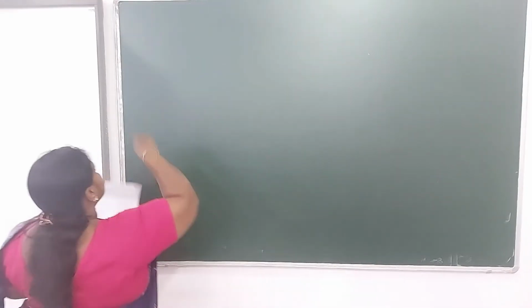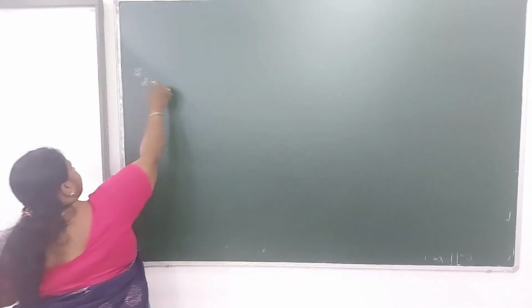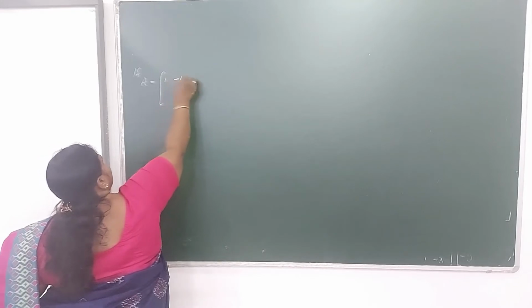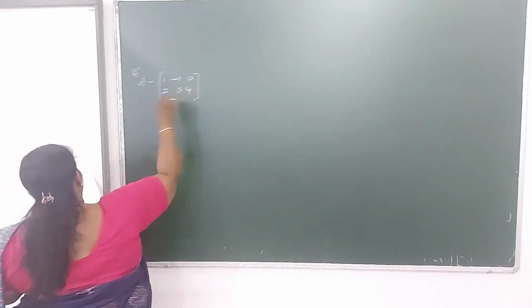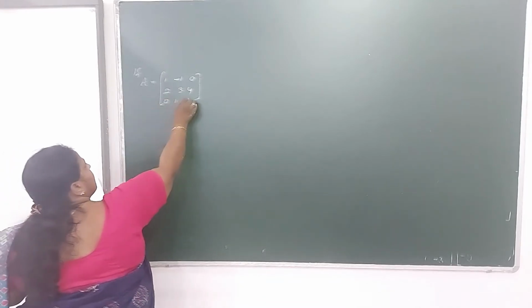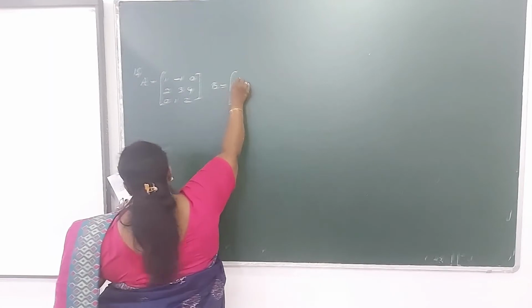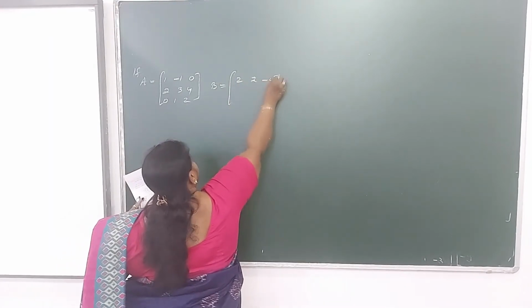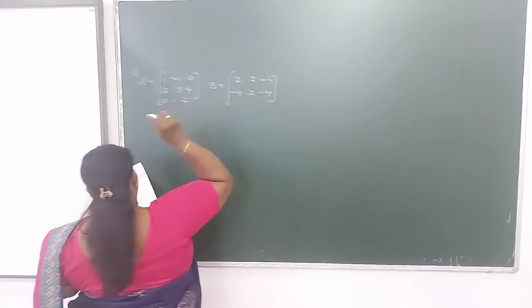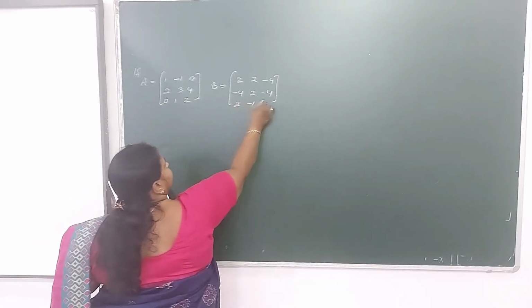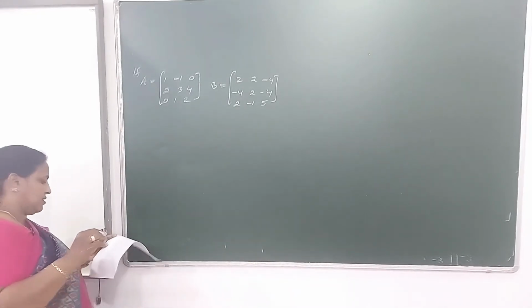If A is the matrix 1 minus 1 0, 2 3 4, 0 1 2 and B is the matrix 2 2 minus 4, minus 4 2 minus 4, 2 minus 1 5, these are the two square matrices.